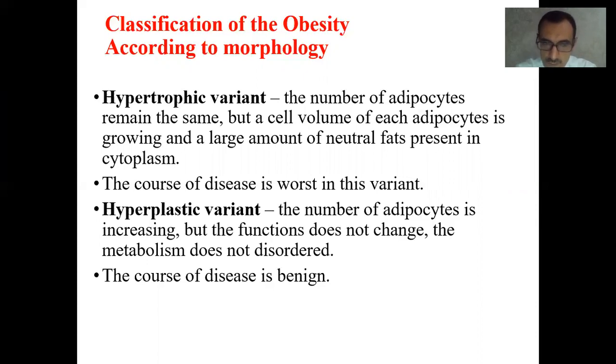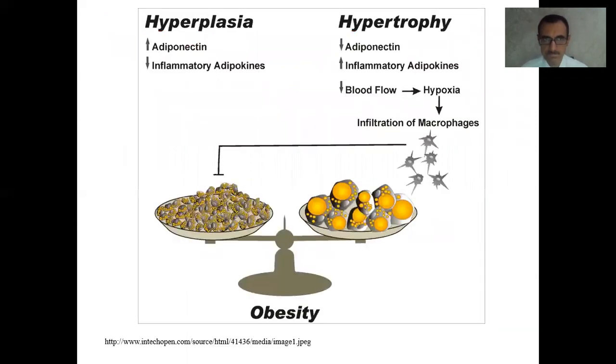The course of this variant is worse than the hyperplastic variant. In the hyperplastic variant, the number of the adipocytes is increasing, but the function does not change. The metabolism is not disordered. The course of this variant is benign. And here, in this illustration, you see the comparison of the hyperplasia with the hypertrophy.